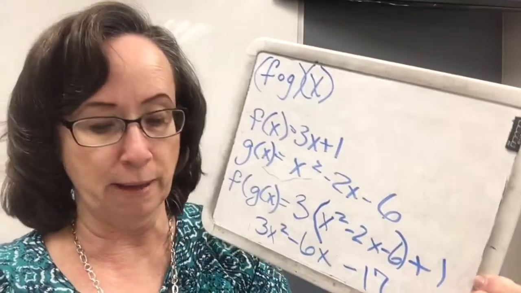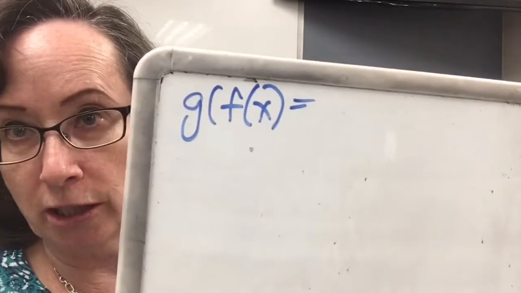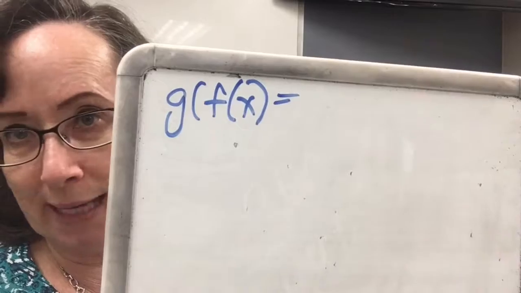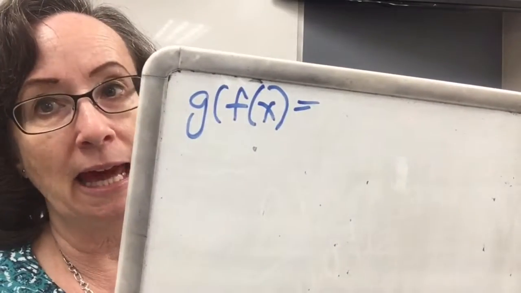Okay, so I'm going to use the same two functions here. So there's my same two functions, but now I'm going to use the g function as my base function, and I'm going to substitute in the f function.